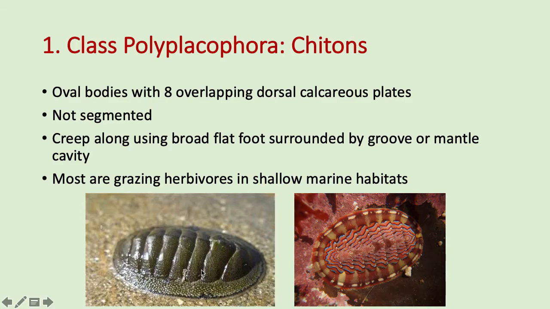Even though from the outside it looks like it's segmented, really it's not segmented. So this is not segmentation going on here. Just looking at the shape of it, you can tell that it looks like an organism that creeps along the bottom. They have a foot underneath, surrounded by a groove or mantle cavity, and like I said, they're grazing herbivores in shallow marine habitats, as you can see in this picture right here.